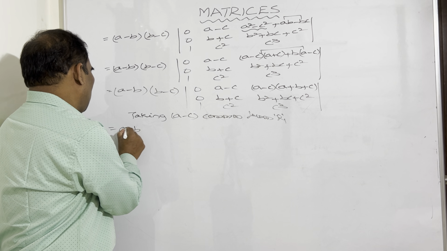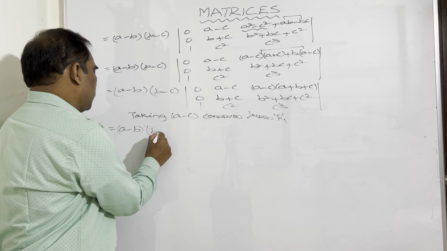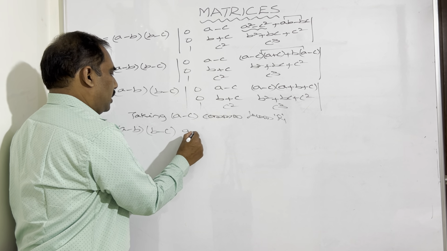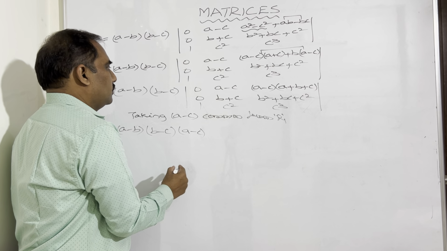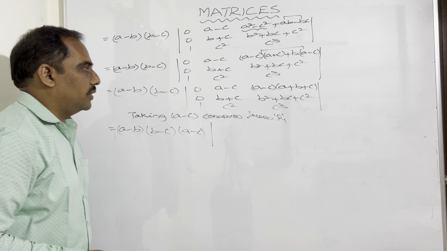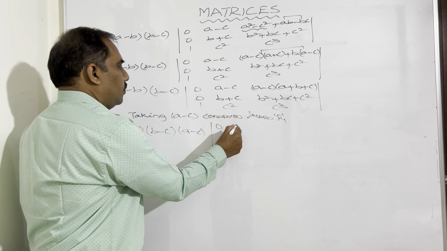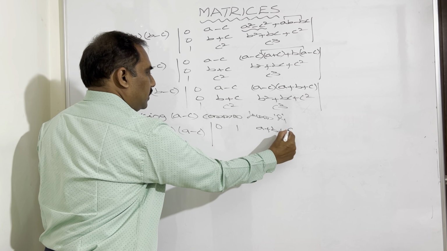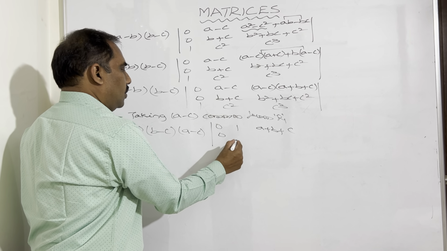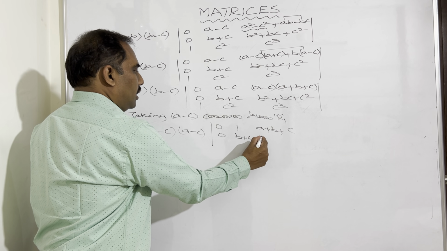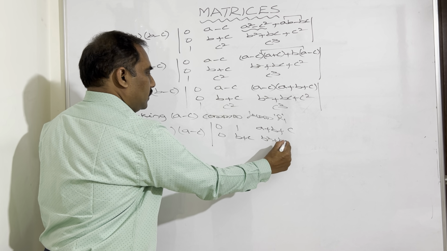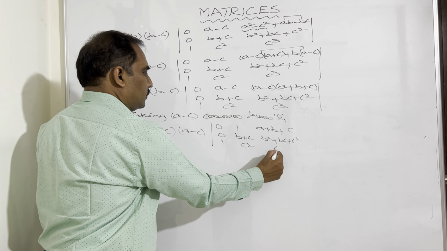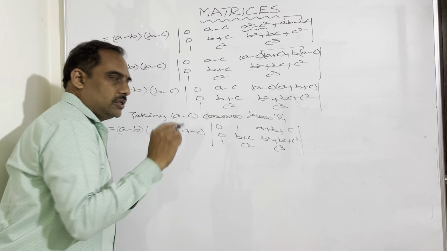A minus b into b minus c, already we have, into a minus c when you take it common, into the determinant of 0, 1, here a plus b plus c, and here 0, b plus c, and here b square plus bc plus c square, and 1, c square, c cube. This is written as it is.